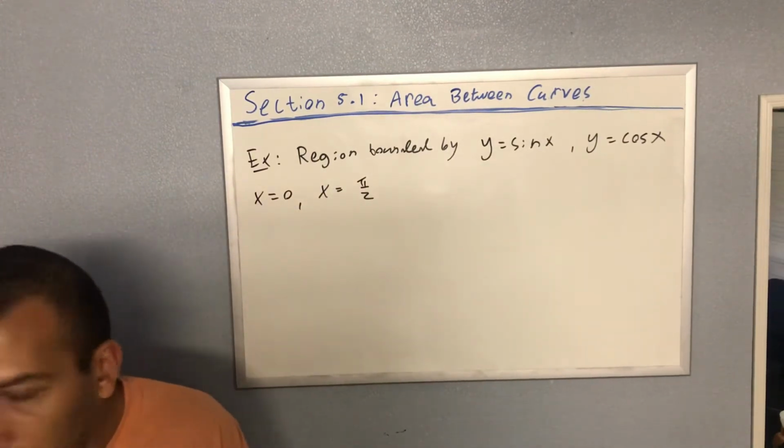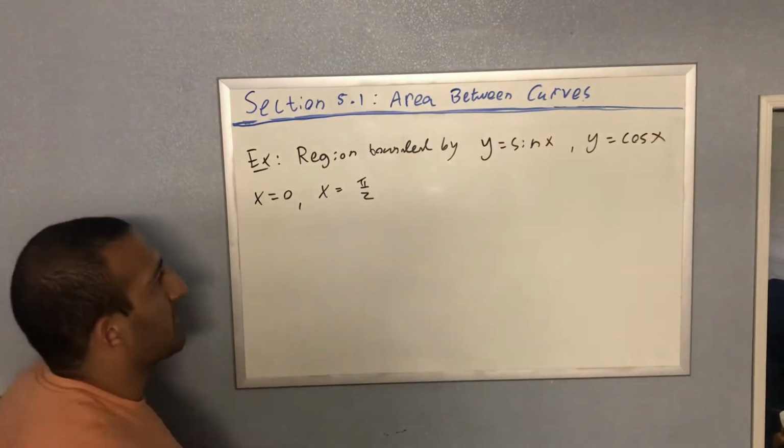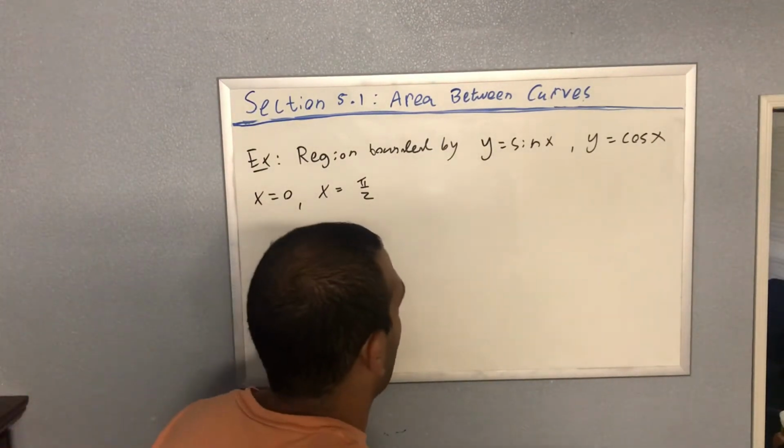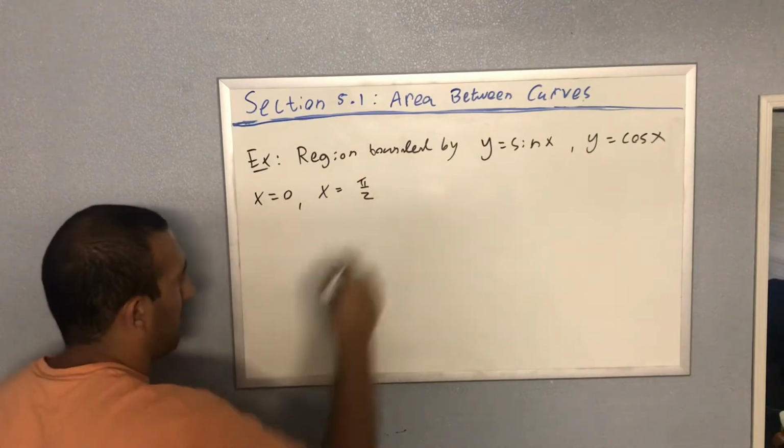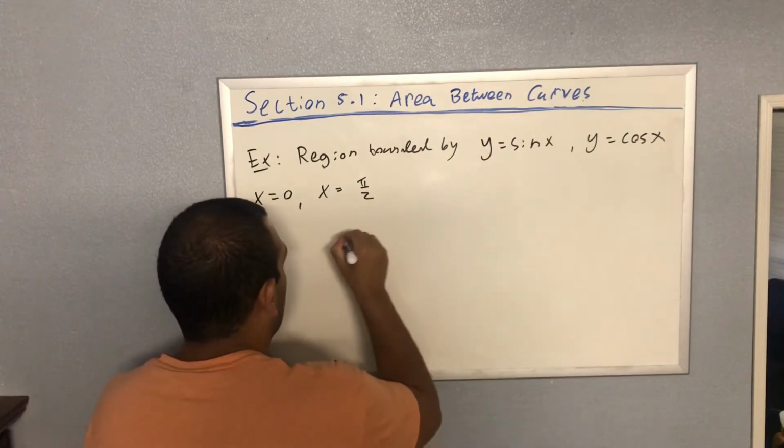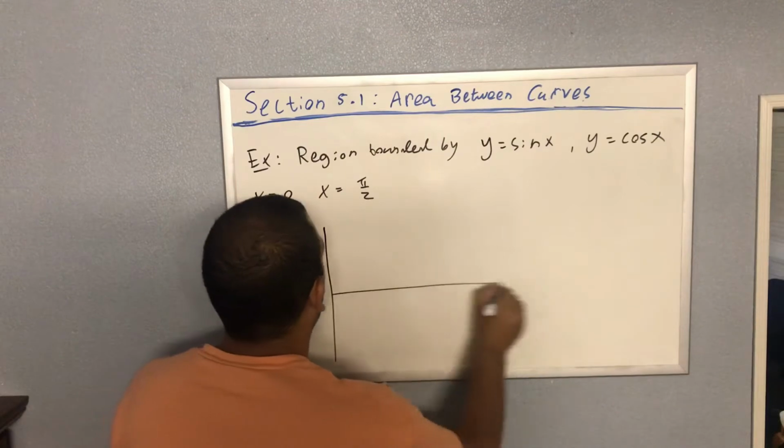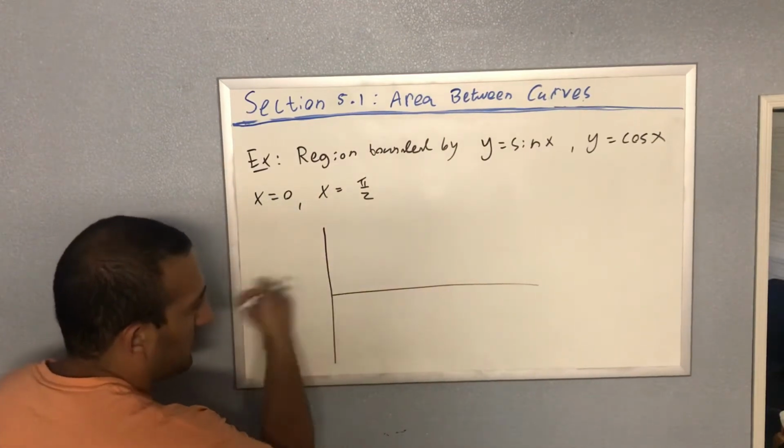Okay, so we want the area of the region bounded by these curves. Since we're only going from 0 to pi over 2, we don't have to draw negative numbers.